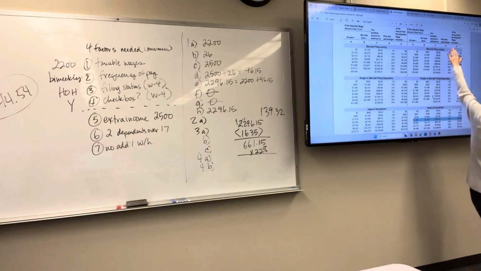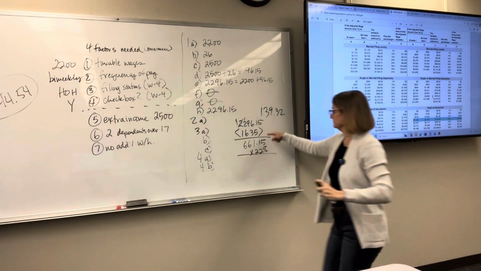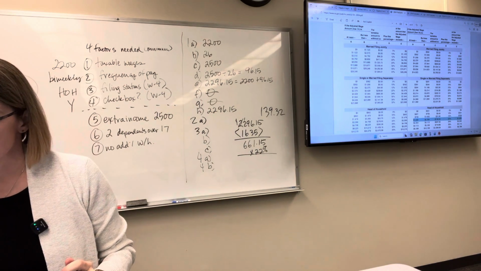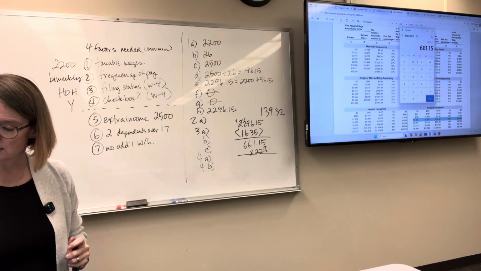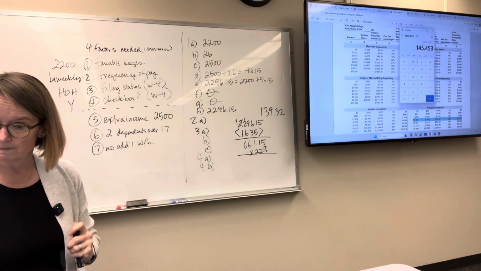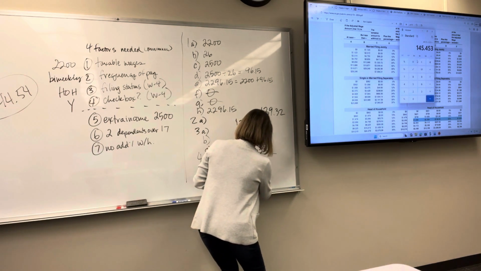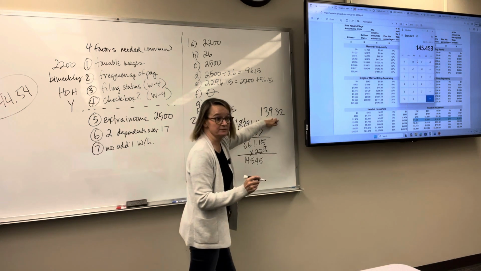So plus 22% of the amount over $1,635. That's just what we've done here. This is the amount that's over $1,635. So we take the $661.15 times 0.22, $145.45. And then we add that to this.